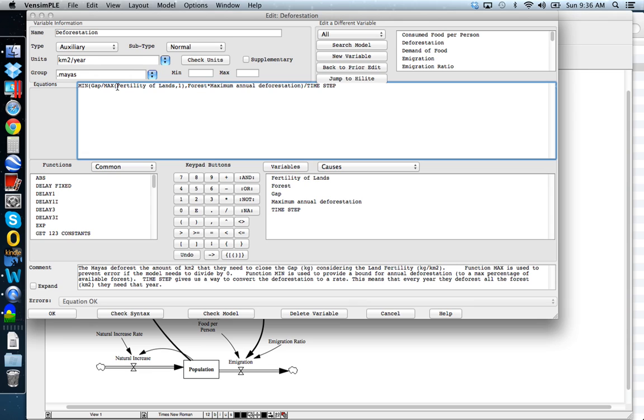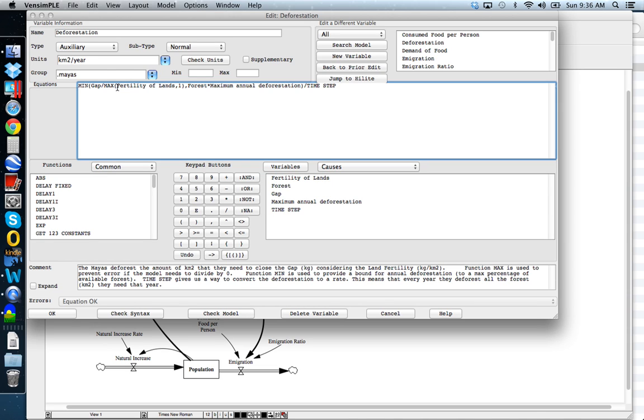First, they would look at the fertility of the lands, and actually let me explain what this is. It is essentially the amount of land that's still fertile. The land gets reused, and it's not fertile every time.